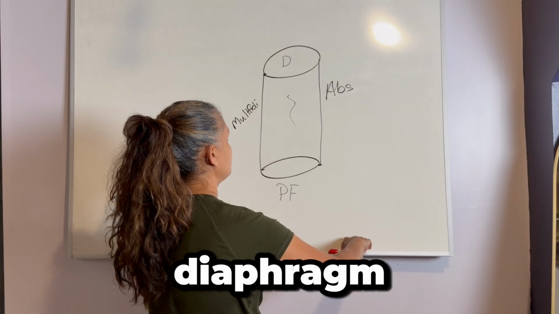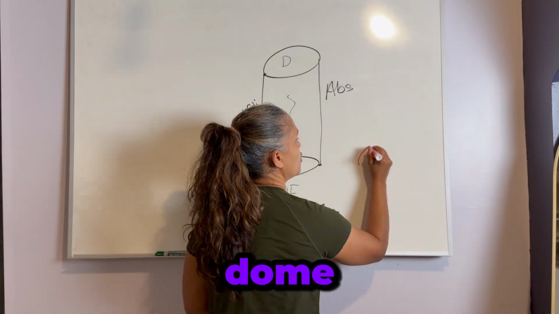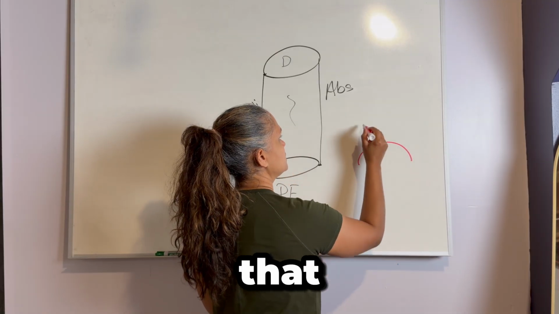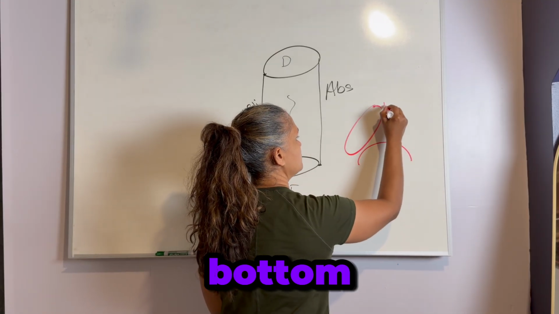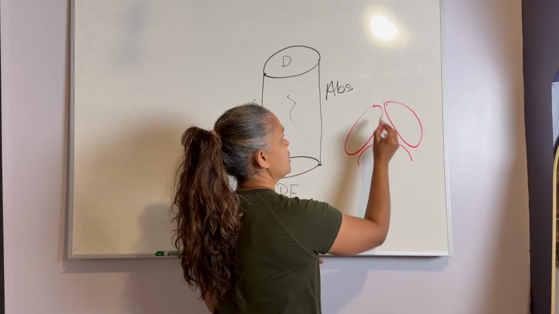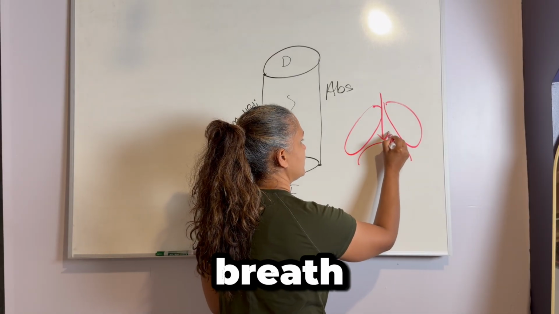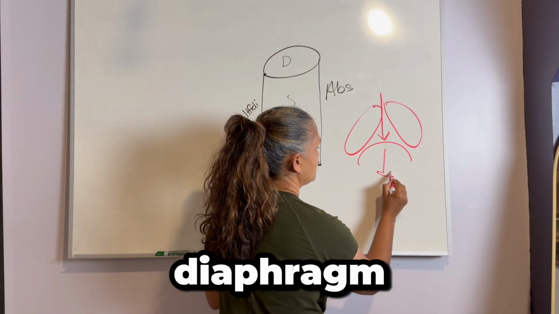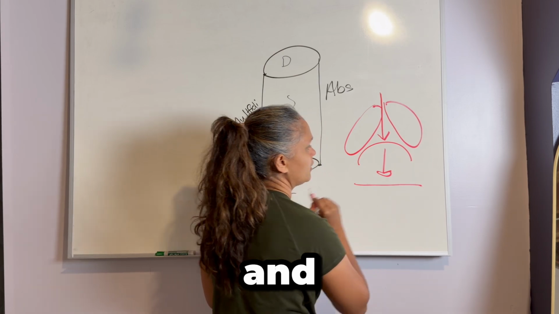The diaphragm is a dome-shaped muscle that sits at the bottom of your lungs. And when you take a breath in, the diaphragm descends down and flattens out.